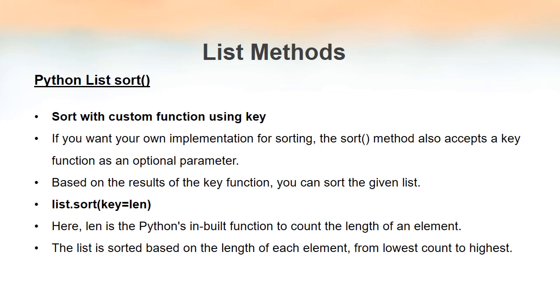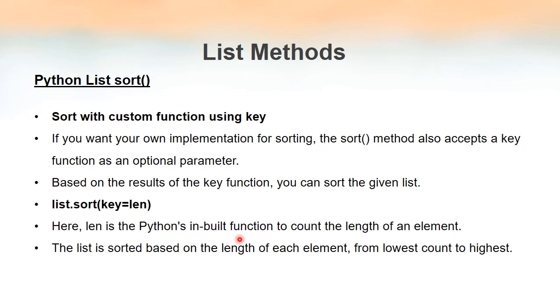Now how to use this key parameter. The key parameter is used to sort the list by means of a function. If you want to specify a function according to which we have to sort the list, we can mention that by using the key parameter. For example, suppose we are sorting a list by mentioning key equal to len.